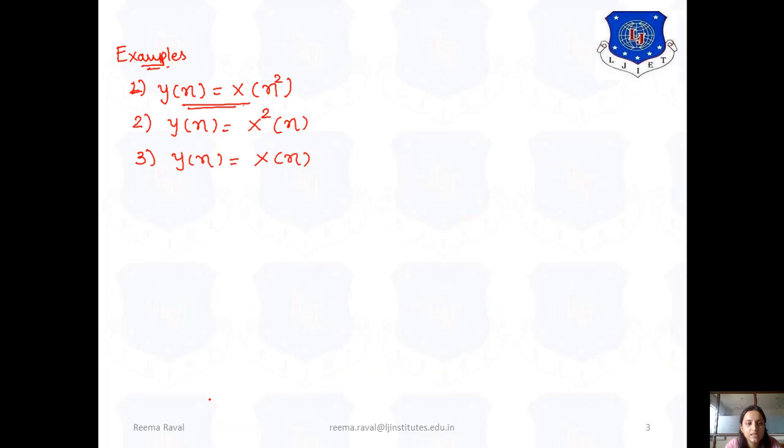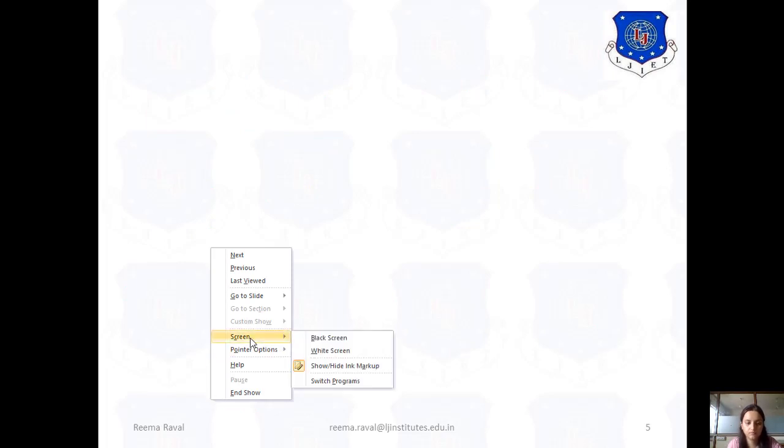Now let us see the second example, that is y of n equals x square of n. Both are different.